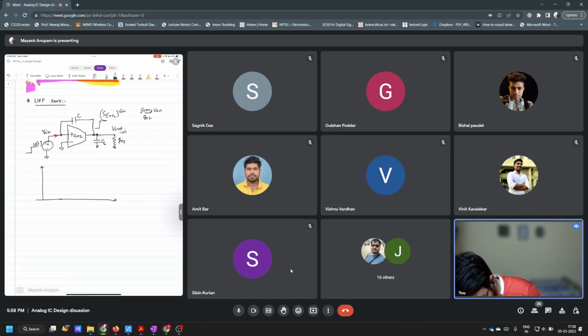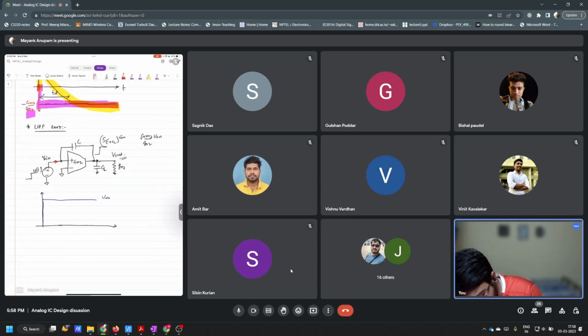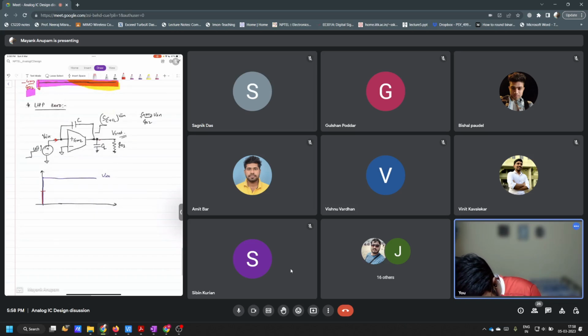The system, let's say this is the input V in, takes an initial jump here, which is equal to C divided by C plus CL, and then from here it slowly rises, not to this value but to a different value, which is GM2 divided by G02, isn't it?